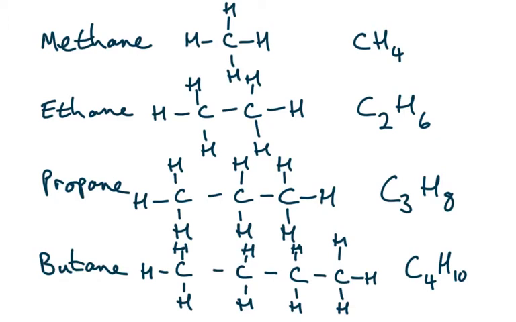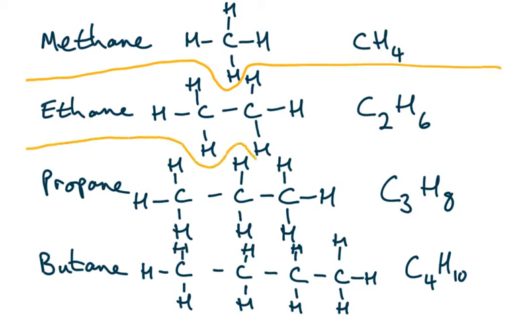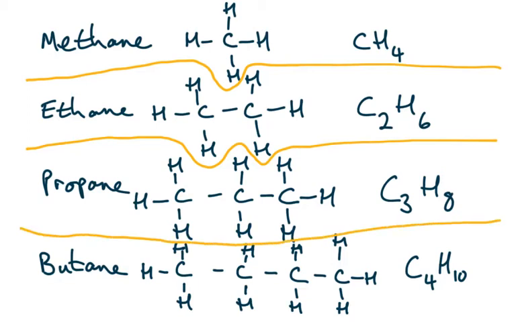Okay, so here we've got a summary of our displayed formulae and our molecular formulae. Now I can see it is actually a little bit hard to see where these formulae separate. So I'm just going to draw a few little lines in here so you can actually see where these separate, because it does get a little bit complicated.